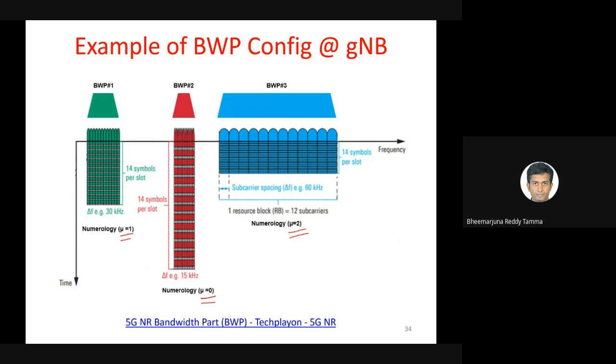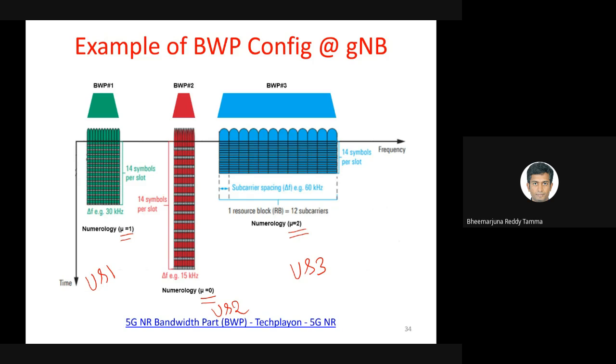But if you look at the user point of view, we have user set 1, user set 2, and user set 3. If you assume that we have a certain number of users in the network, a user cannot be part of these three numerologies simultaneously because a user can be part of only one bandwidth part at a time.